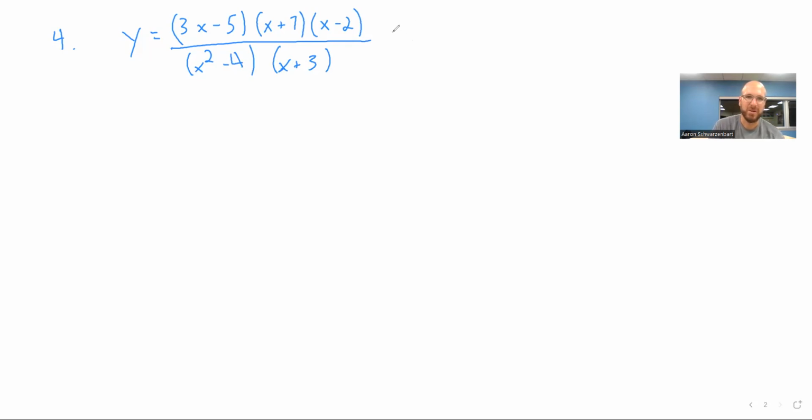So, little trick on this. First thing, x squared minus 4 does factor. So I probably better factor that. X plus 2, x minus 2.